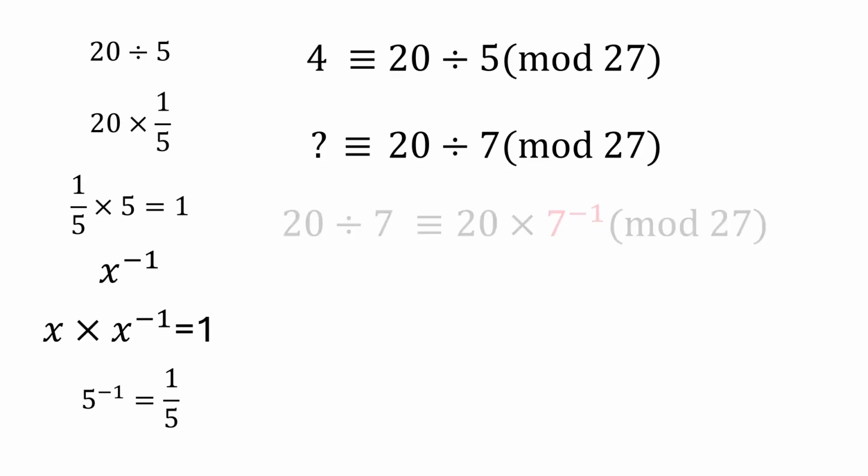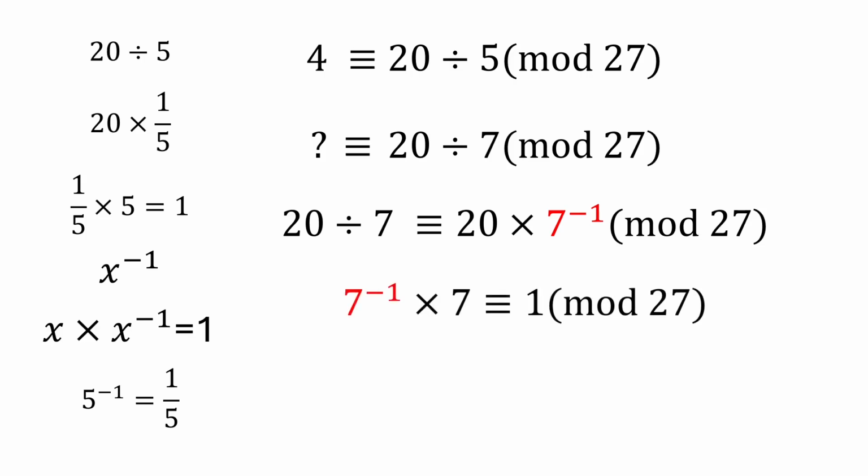To divide 20 by 7, what we actually want to do is multiply 20 by the inverse of 7. And this inverse is one of the integers between 0 and 26, which has the special property that when multiplied with 7, we're going to get 1. One simple way to find it when the numbers are sufficiently small is to just brute force it.